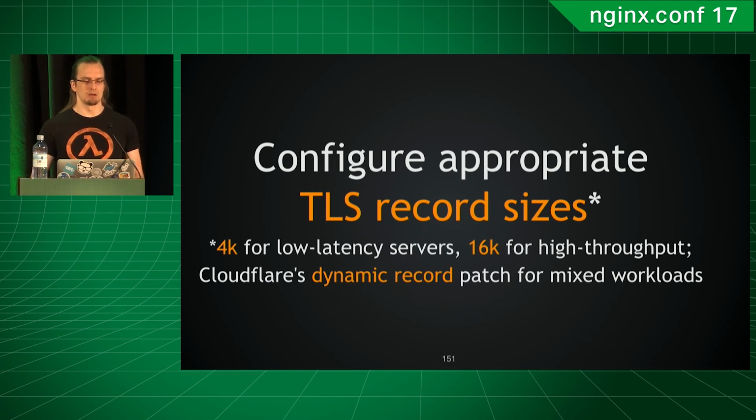If you cannot decide that during the config generation phase, you just need to use, for example, Cloudflare's dynamic TLS record patch, which you can apply, and it will just auto-tune. It will gradually increase your record sizes as the request streams. Of course, you may say, why don't you just set it to like 1K? Because if you set it too low, it will incur a lot of overhead on the network layer and on the CPUs. So don't set it too low.